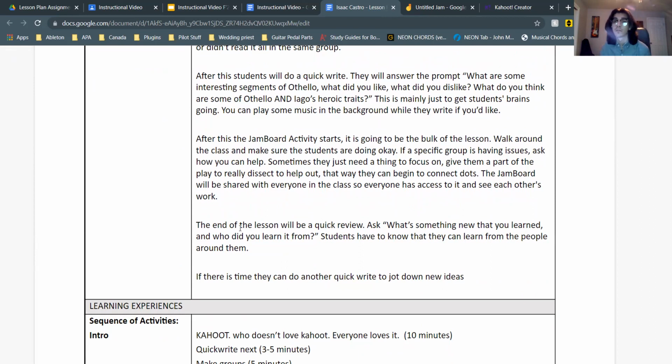Walk around, make sure students are doing okay. If a specific group is having an issue, try to give them a section of the reading that they can dissect and pull from, and that way they can branch out into the other parts of the book that they could relate it to.